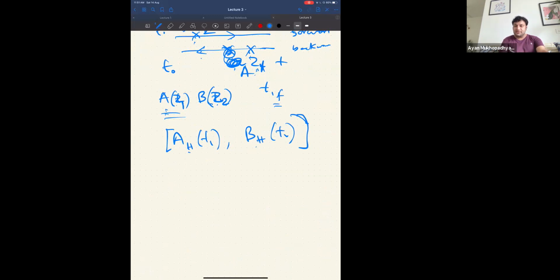I want to convert it in this way, H0 (t1), B H0 (t2) minus, okay, let me write this explicitly; this will become useful.